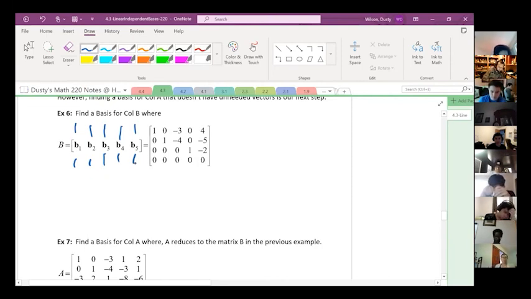You'll notice that there are pivots in the first, second, and fourth columns. What that tells us is that the corresponding columns, B1, B2, and B4, are going to form a basis for the column space.